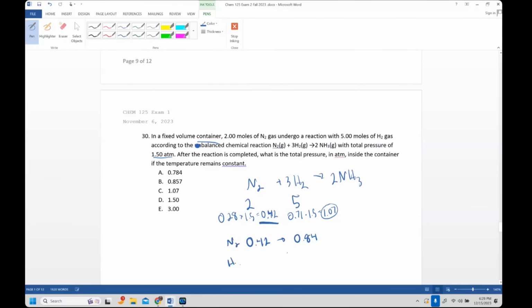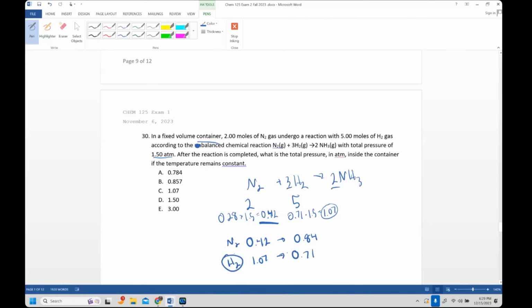For the H2, we start at 1.07. 1.07 atm will create what now? So it's a 3 to 2 ratio from H2 to NH3. So 1.07 times 2 divided by 3 is actually 0.71. So I was wrong. The H2 is the limiting reactant.